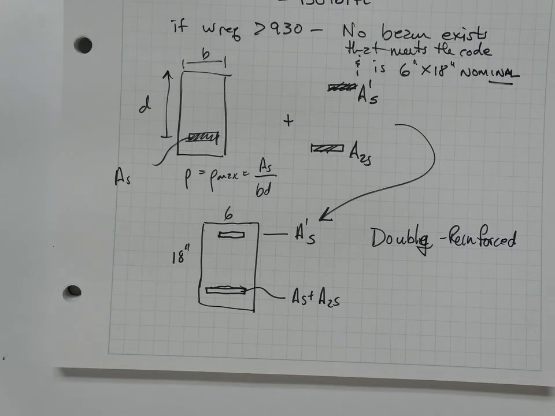Now, if I go to build a beam, what's the easiest way to keep this in the right location? I'm going to put tension reinforcement down here. Put a couple of bars up there. Now I can tie this steel together, stirrup, top bars and bottom bars, over there with crew number 1.